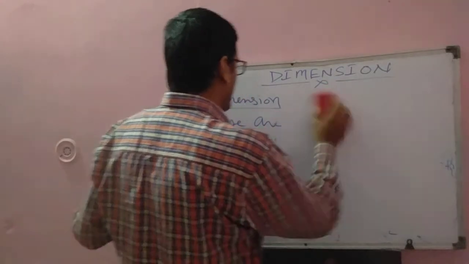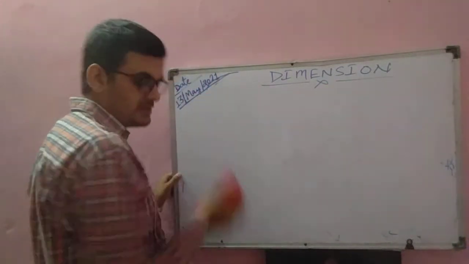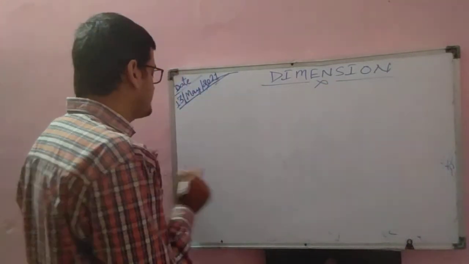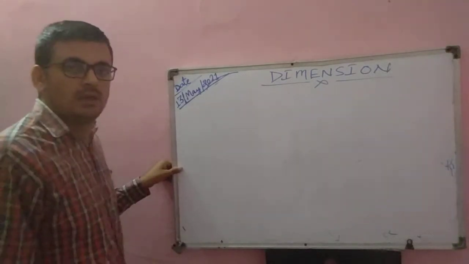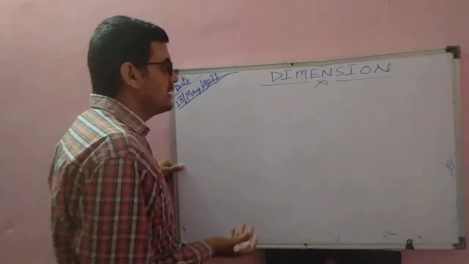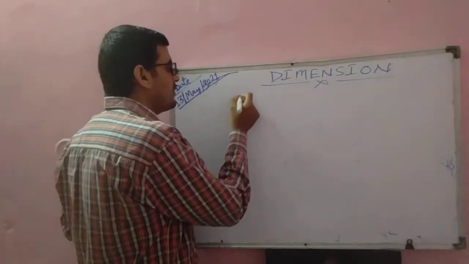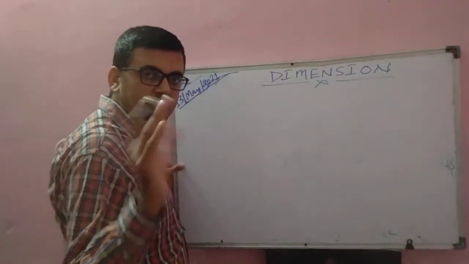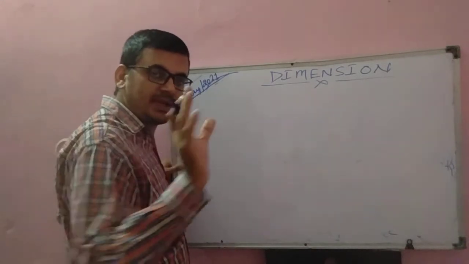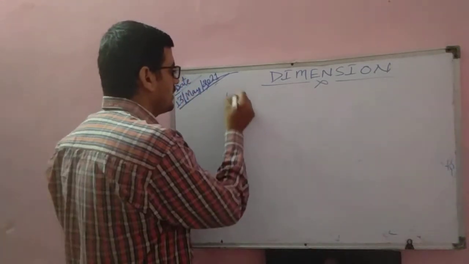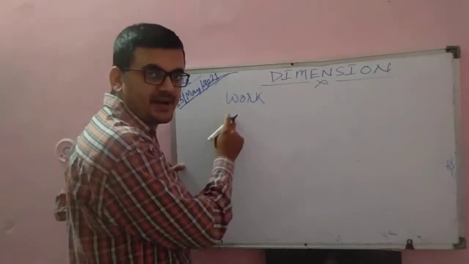Student, I am taking one more example. Suppose in exam you have to write the unit and dimension of work. I am taking a very simple example. Work, you have to write its unit and dimension.